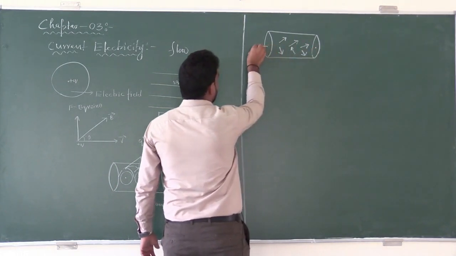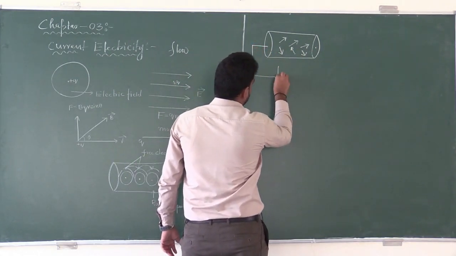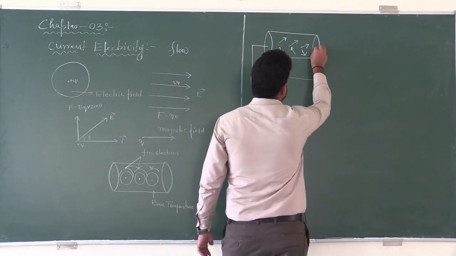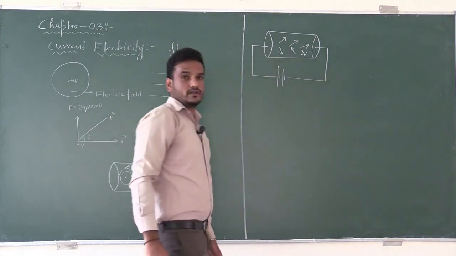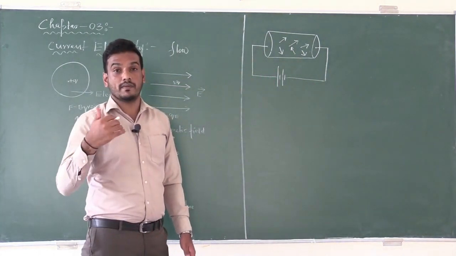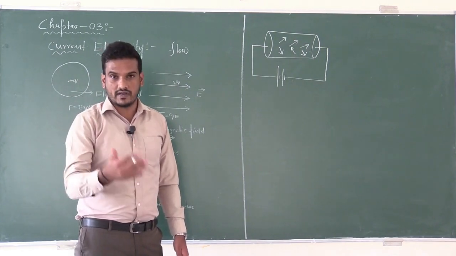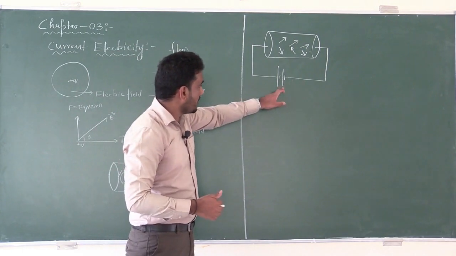Across the two ends of the metallic conductor, I'll connect a battery or a cell, any source of current. What are the sources of current? It may be a battery, a cell, a generator, or a dynamo. So here I consider a battery.